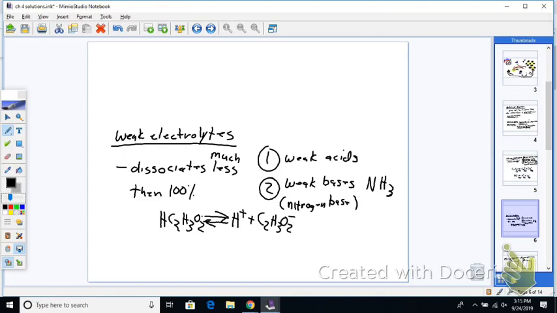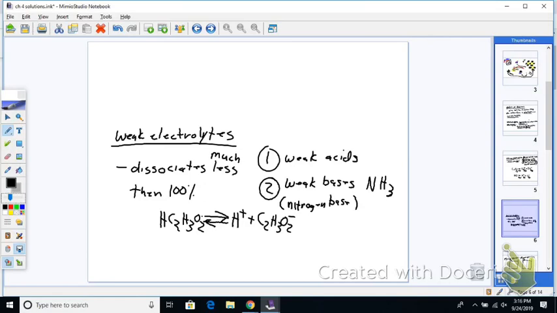So here's the weak electrolytes. They're weak acids and weak bases. And I'll give you an example of acetic acid here. So right here, this is acetic acid, guys. That breaks apart about 2 out of every 100 actually breaks apart.